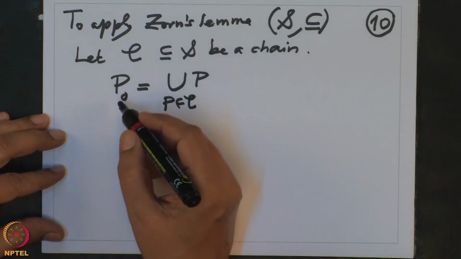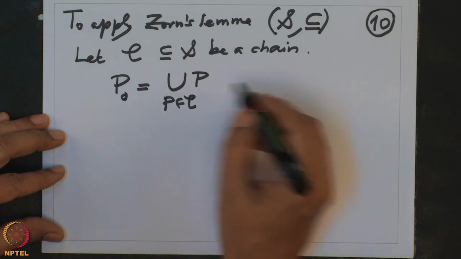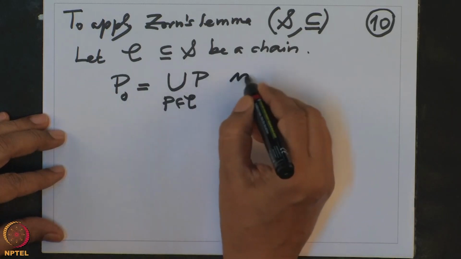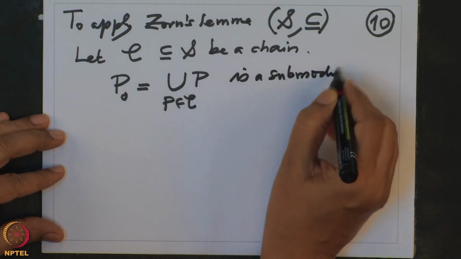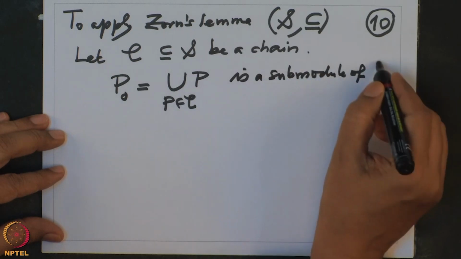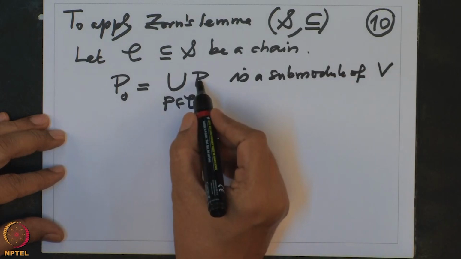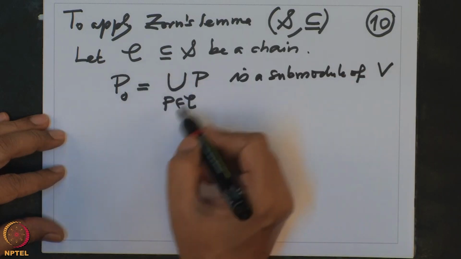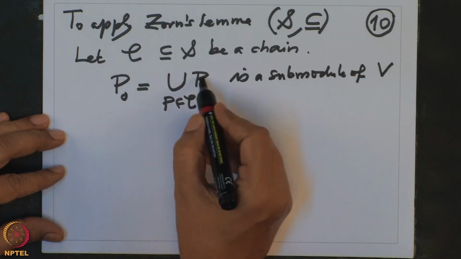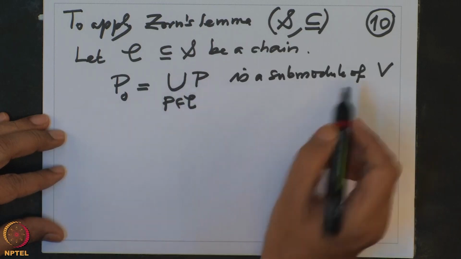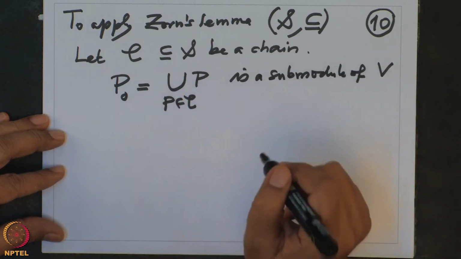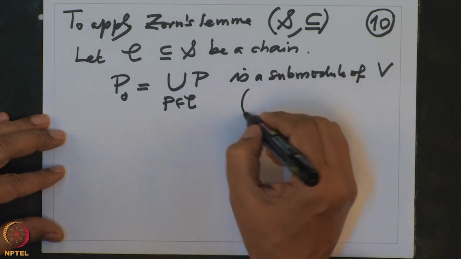So, now we look at this P naught, then obviously this P naught is a submodule of V. That is clear because each P is a submodule and this is a chain. That means given any two elements here, I can always find both elements contained in the same P, and therefore I can add there. So, it is a submodule, which is very easy. So, for this we need C to be a chain.